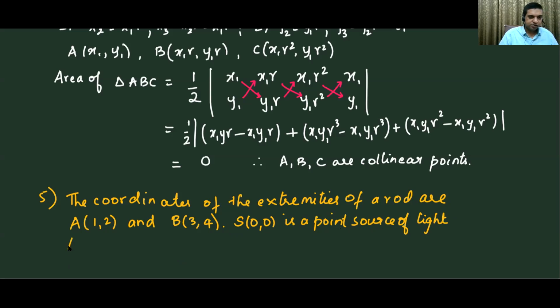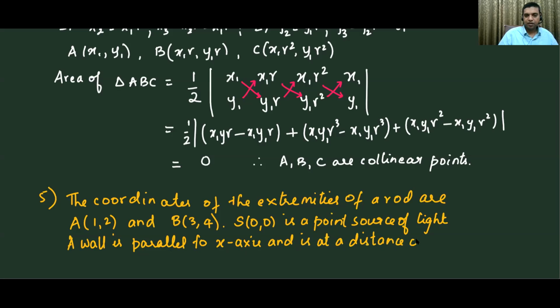A wall is parallel to the x-axis and is at a distance of 8 units from it.